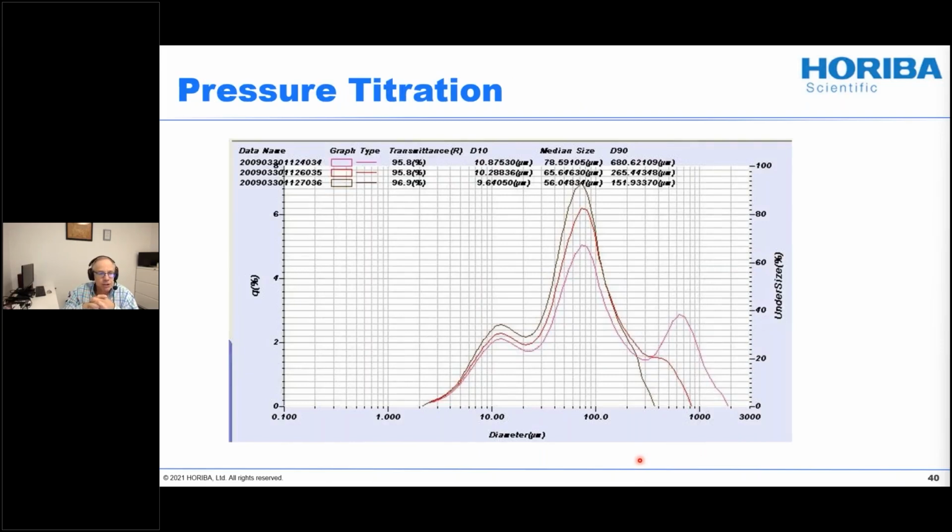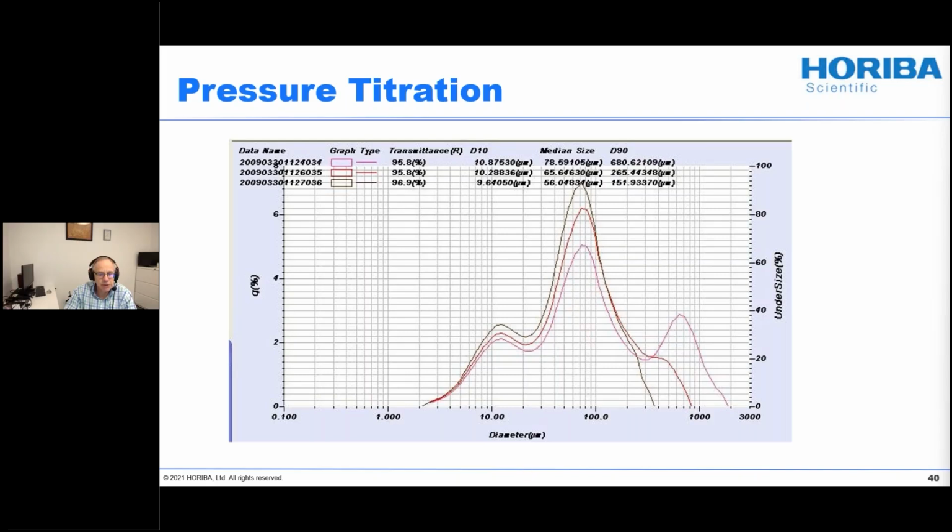And you're going to find yourself doing these sorts of pressure titrations where you're comparing your data with different air pressures. As an example, gosh, I don't have the notes up, so I can't see exactly which one was which, but the median size goes 78 to 65 microns to 56.